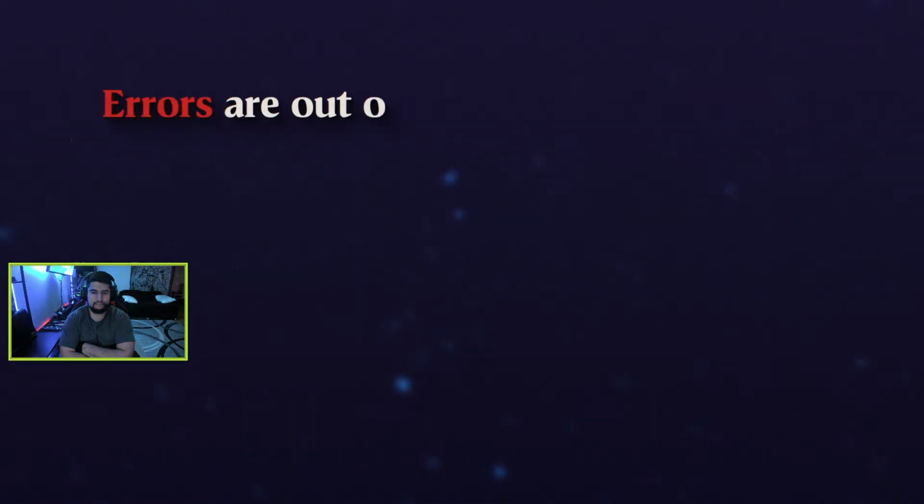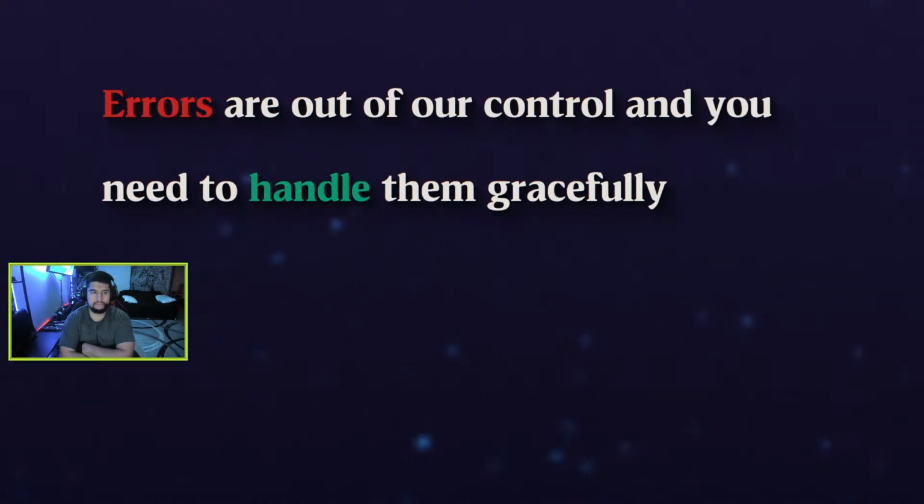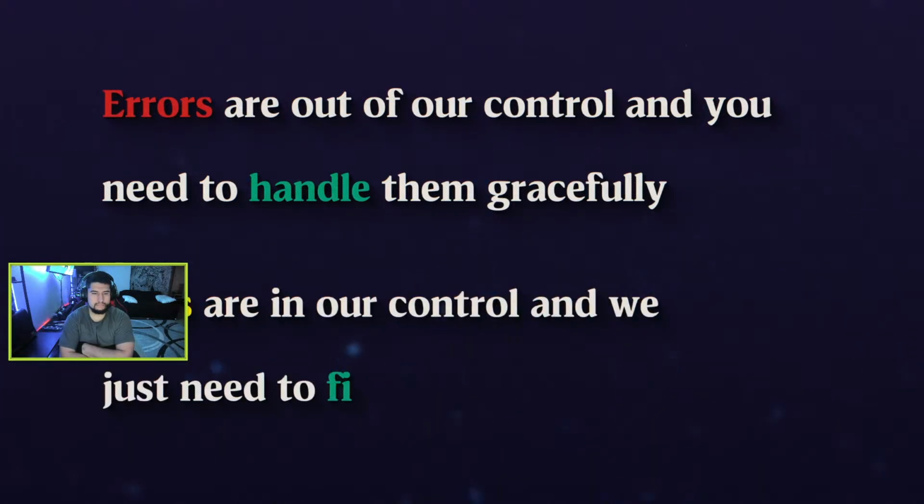Again, we can't stop them from typing in the date in the wrong format. All we can really do is tell them that they made a mistake. So again, by definition, errors are things that are out of our control, and all we can do is write code that handles them gracefully, informs the user that there's a problem. By definition, bugs are in our control, and we just need to fix them. They're problems in our own logic.